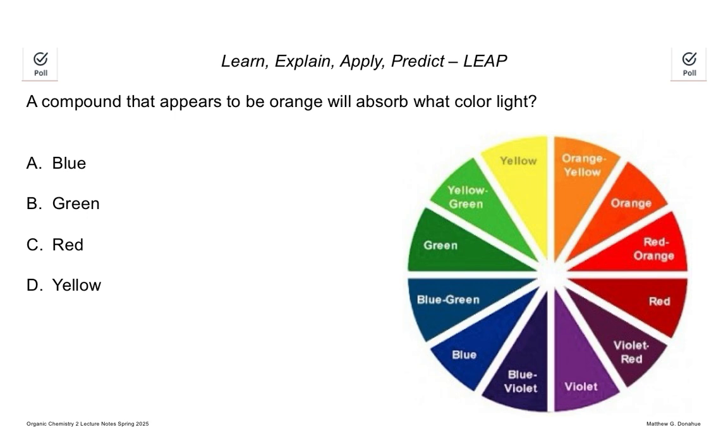So I think I already answered this one. A compound that appears to be orange will absorb what color light? This is another weird thing to think about in terms of what you perceive as color. A compound that appears orange, what ends up happening is the substance absorbs blue light.